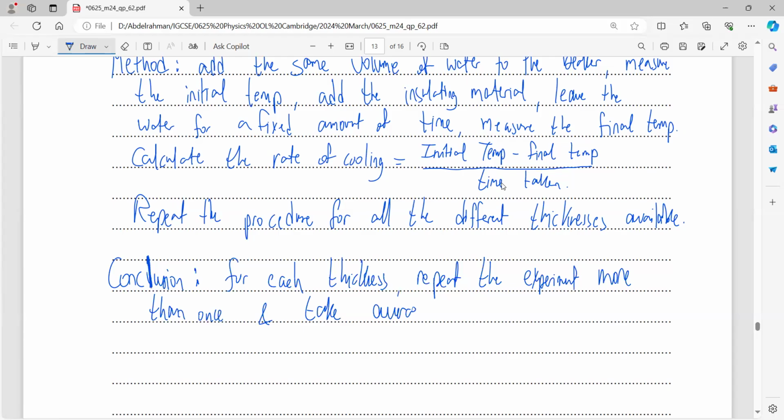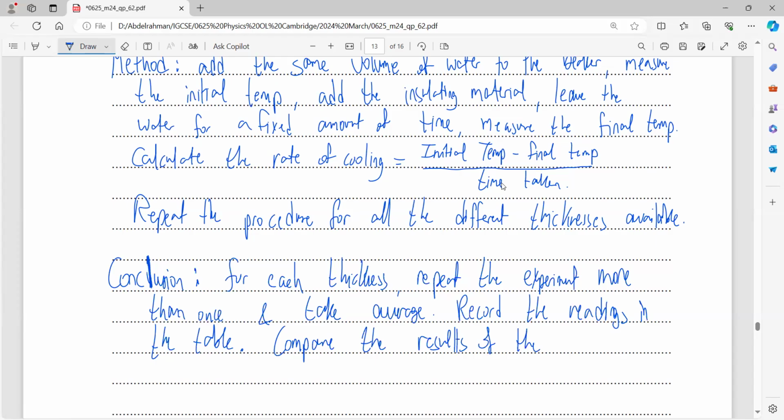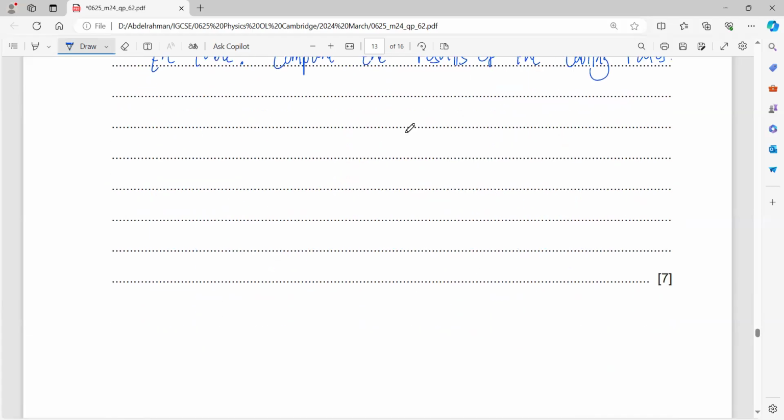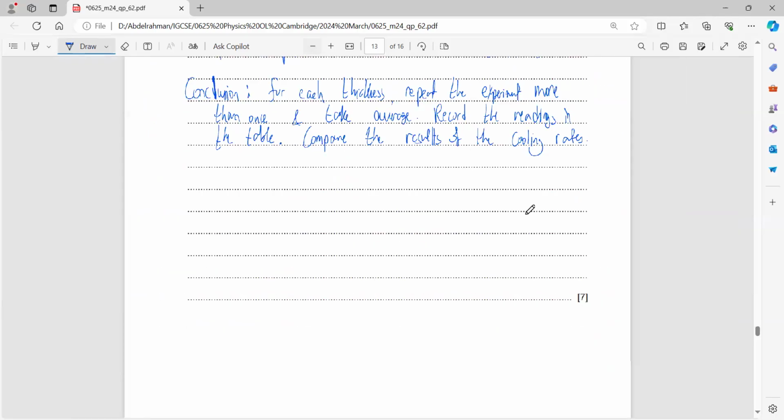Record the readings in the table. And then finally, after you record the readings in the table, you need to compare the results of the cooling rates. This is quite an easy experiment to conduct. That's it.